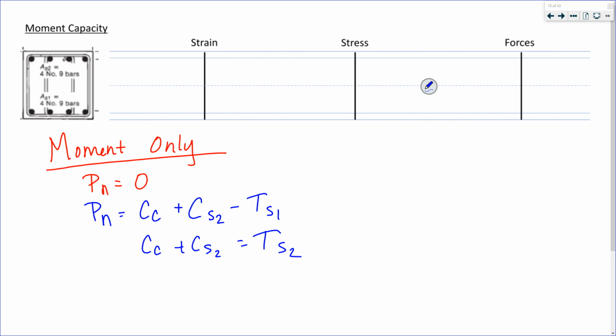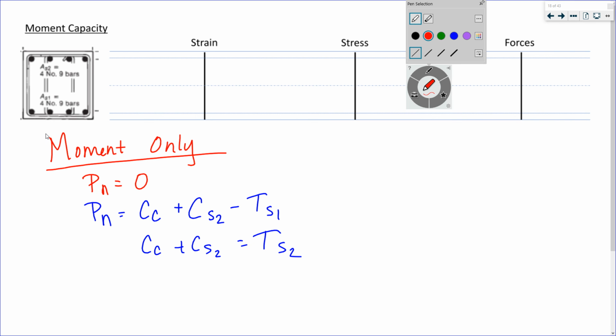For this beam, my tension force will not change. There may be others where it does, but it probably shouldn't because we're in tension controlled territory.